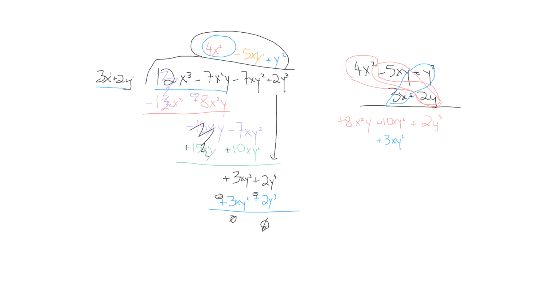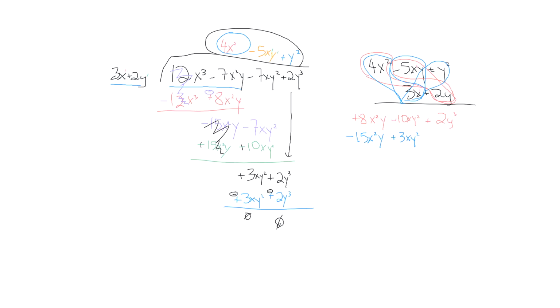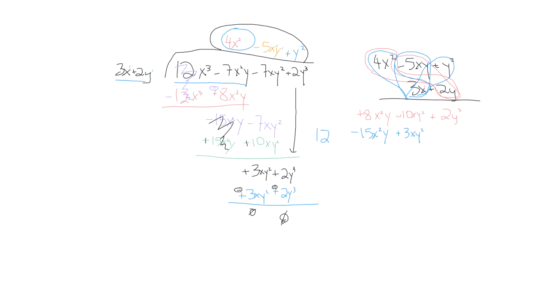And then 3x times minus 5xy is minus 15x squared y. And then 3x times 4x squared. 4 times 3 is 12. X squared times x to the 1 is x cubed.